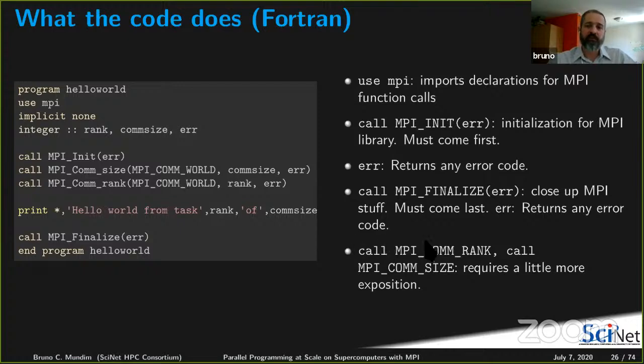In Fortran, the first thing you need to do is to use the MPI module, which imports the declarations of the MPI function calls. Then you have to call MPI_Init for the initialization of the library. And at the end, you have MPI_Finalize, where you close up and delete all the data structures defined before. And in between, you have MPI_Comm_size and MPI_Comm_rank, which I'm going to talk about in a moment.